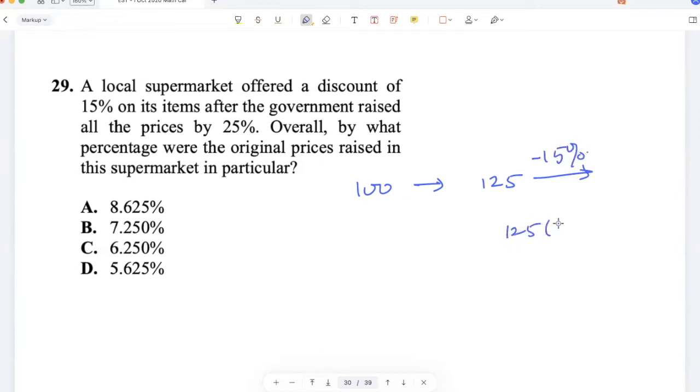So 125 times 0.85. Let's plug that in. 125 times 0.85 is 106.25, right? So the net increase is 6.25%.